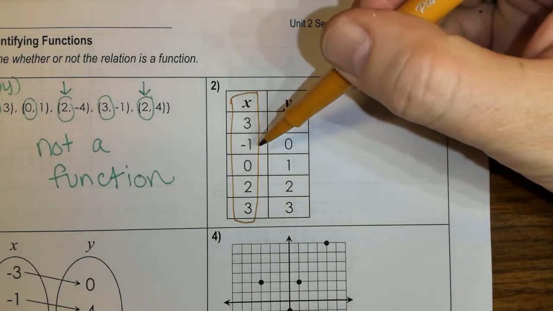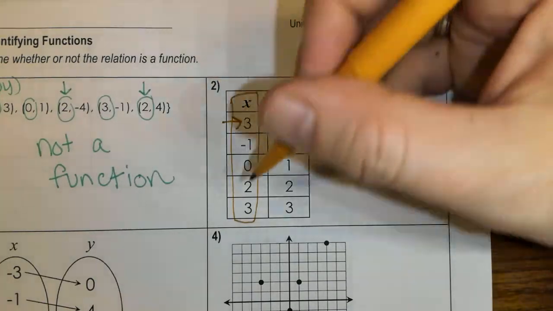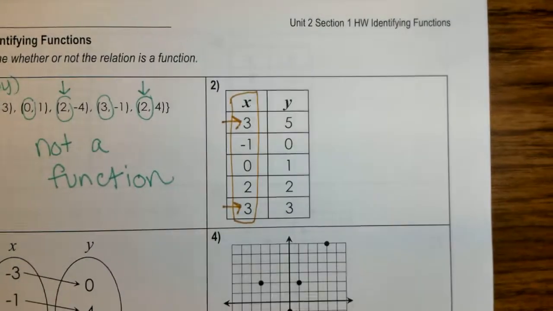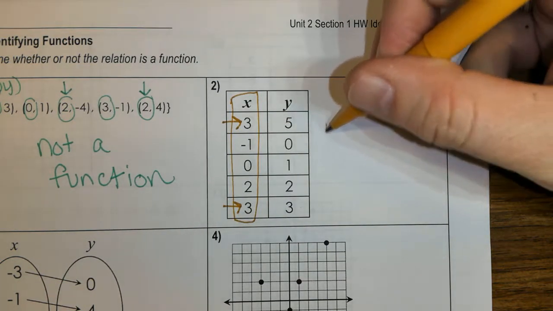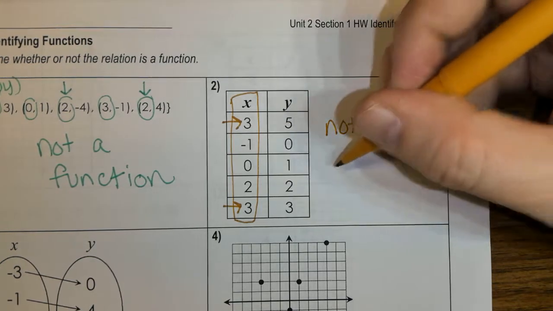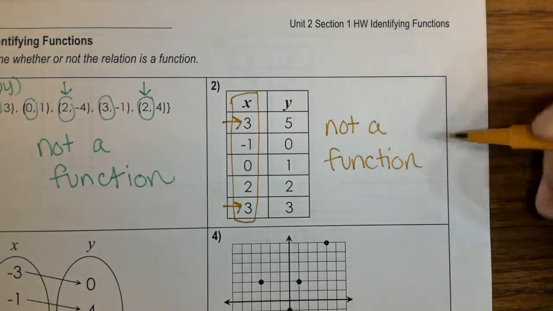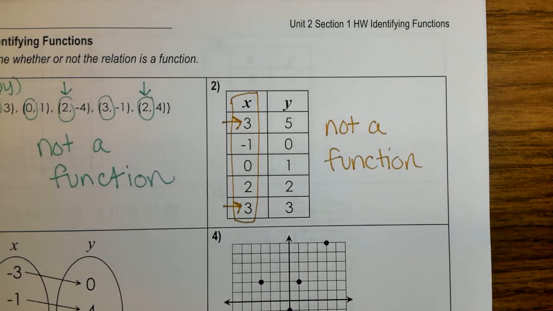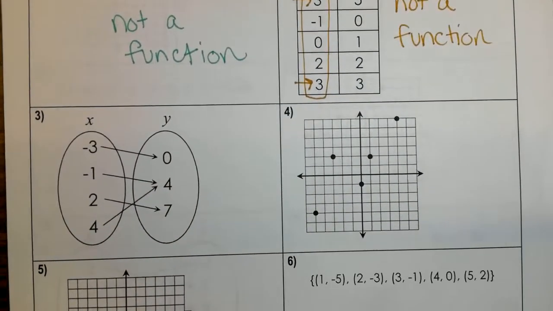So I have 3, -1, 0, 2, 3. Notice I have two 3's, which means it repeats, and because it repeats, this is not a function. And that's the answer. That's all we're looking for on these, just function or not a function.